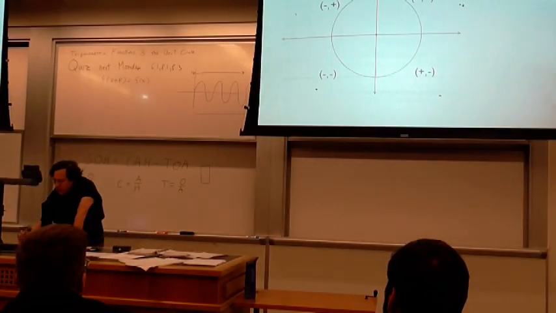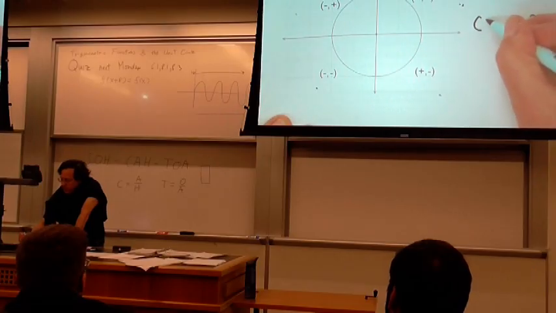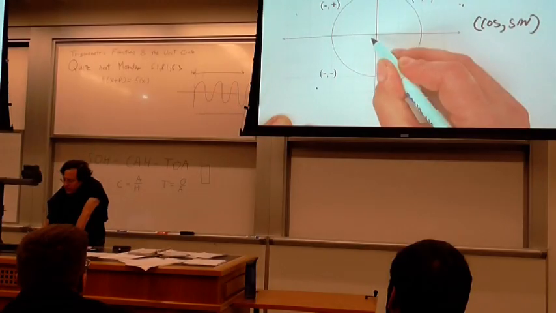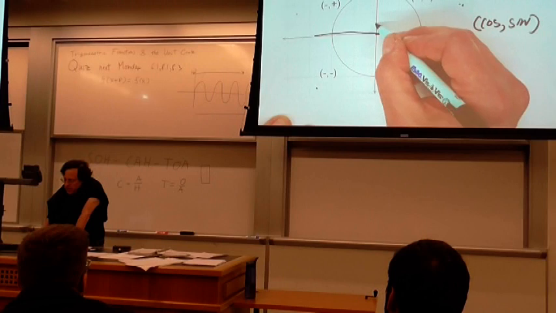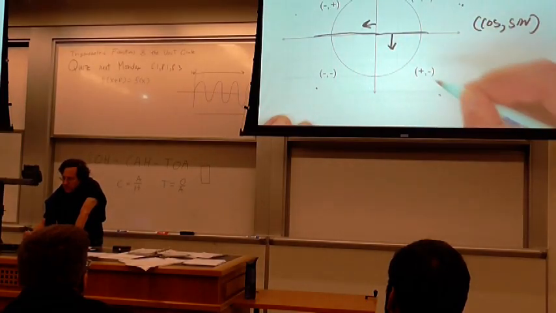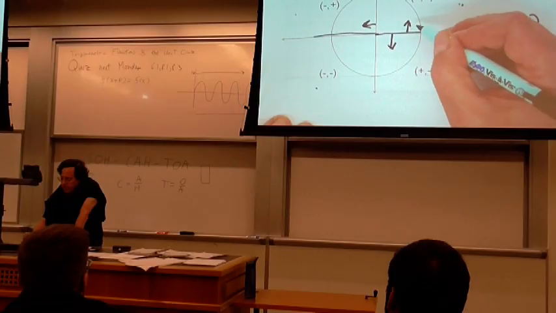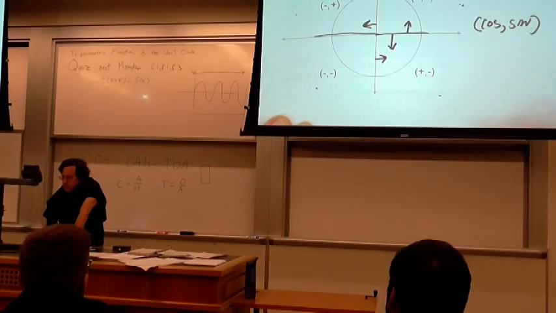Again, what you always want to do is take a look at the coordinate, knowing that the first coordinate is the cosine and the second is the sine, and then just look where you are on the xy axis. If you're on this side of the y-axis, then your cosine is negative. If you're on this side of the x-axis, your sine is negative, and likewise, above the x-axis, your sine is positive, and to the right of the y-axis, your cosine is going to be positive.